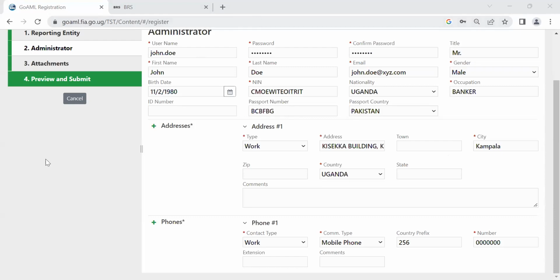So let me just give you a minute to complete this section. I'm done. Someone has raised their hand, yes.